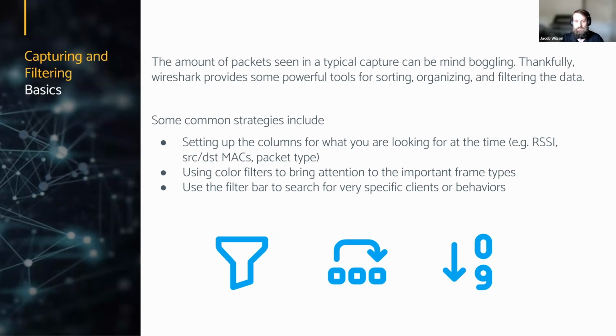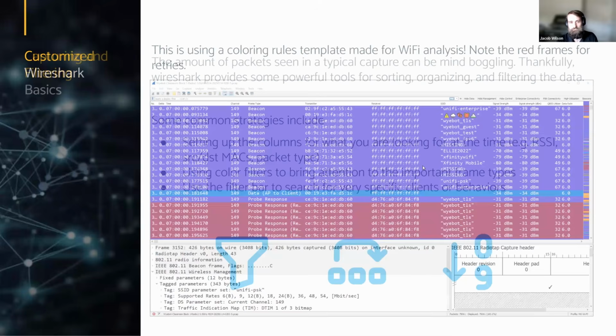Anything that's in the detailed packet information, you can make a column out of it, which is very nice to sort very quickly. Coloring filters as well, that's a big thing. It makes it much easier on the eyes to look at and sift through. And then obviously the filter bar, as we described, is where you're going to put in queries to filter down for specific packets.